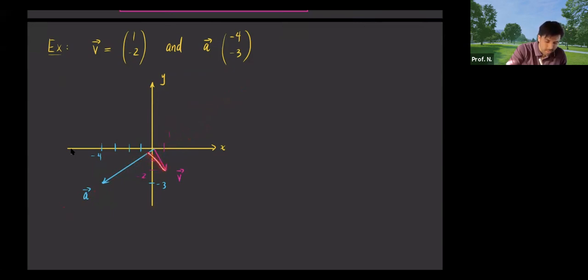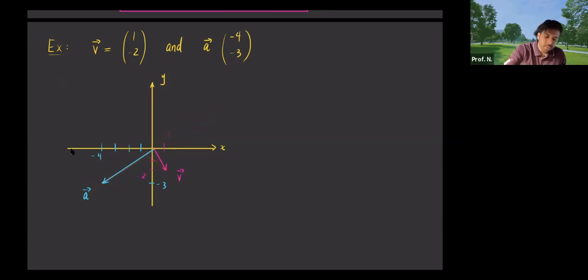Again, this is not going to be the biggest orthogonal projection, but consider this as your level playing field, and you're projecting this straight down to create a right triangle. This here will be the projection of this vector along this vector A.